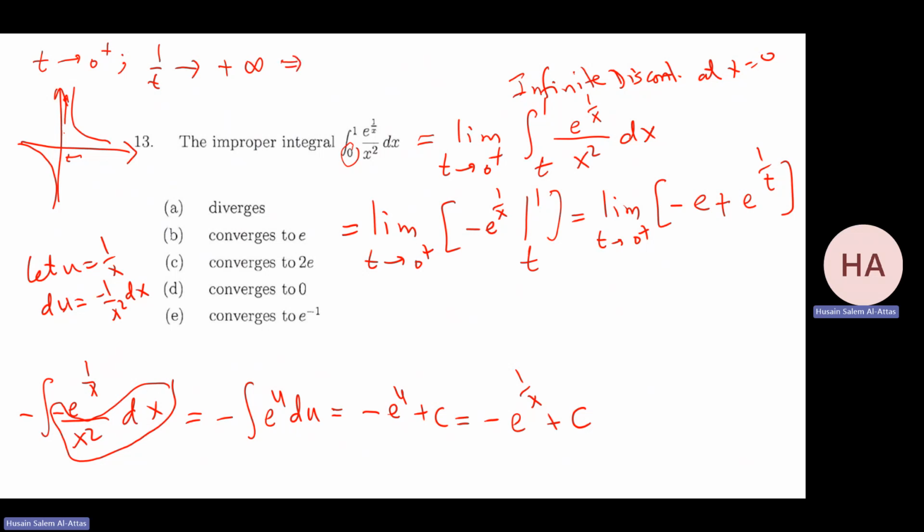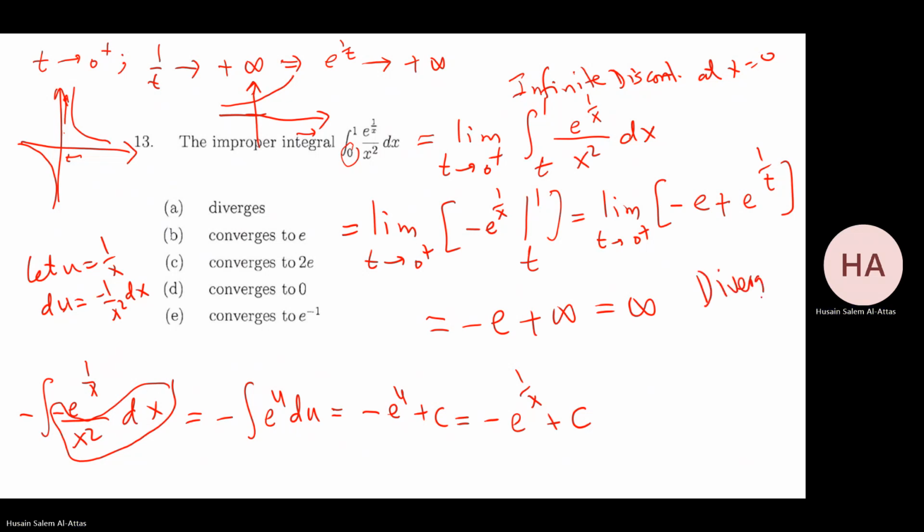And that implies e to the power 1 over t will also go to plus infinity, as the exponential function does when the argument goes to infinity. So this will be minus e to the plus infinity, and the answer is infinity: it diverges. That's my answer.